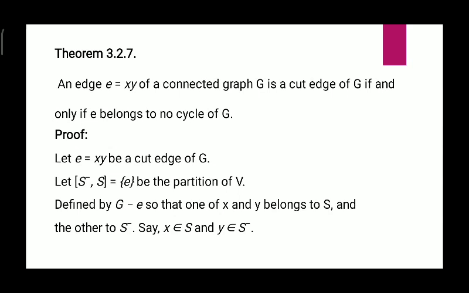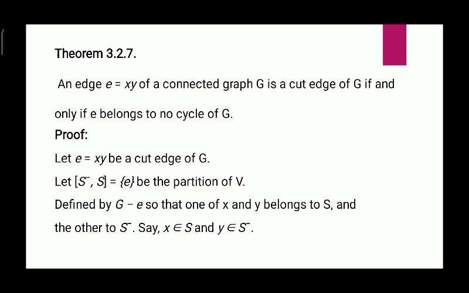The next theorem: an edge E equal to xy of a connected graph G is a cut edge of G if and only if E belongs to no cycle of G. Let us take the edge E equal to xy. We call it a cut edge of G. So cut edge means G minus E is disconnected.